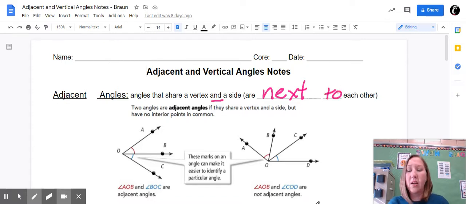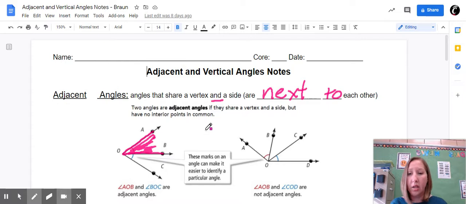So when we are looking at two angles that are adjacent, they're adjacent angles if they share a vertex and a side, but have no interior points in common. So when we are looking at this example here, AOB, I'm going to change some colors just so we can see these a little bit better. If we look at the angle AOB, we're looking at this angle here, and really that's everything in between the two lines.